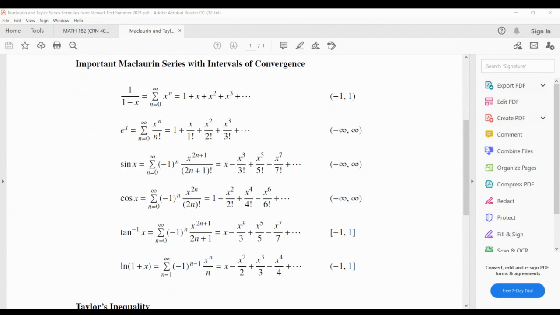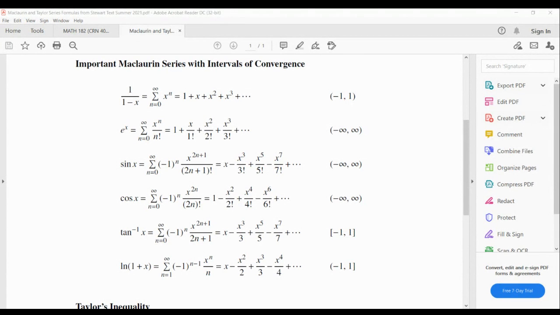This table, like the table in the book, gives radii of convergence, but I think it's important that you have the interval of convergence, because just because you know the radius of convergence doesn't mean that you exactly know what x values for which the power series converges and equals its function. Unless of course the interval of convergence is from negative infinity to infinity.